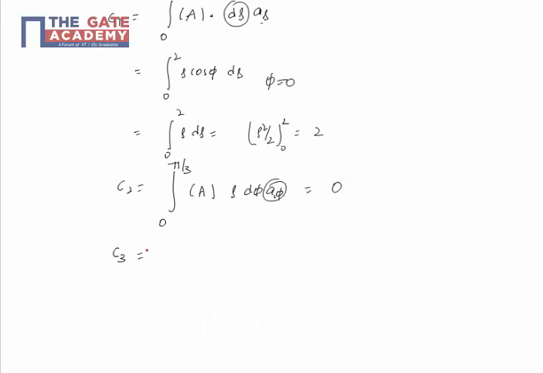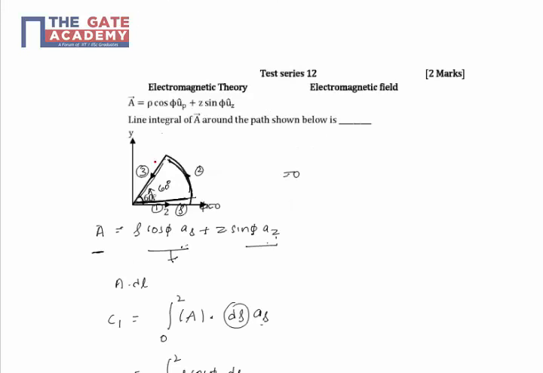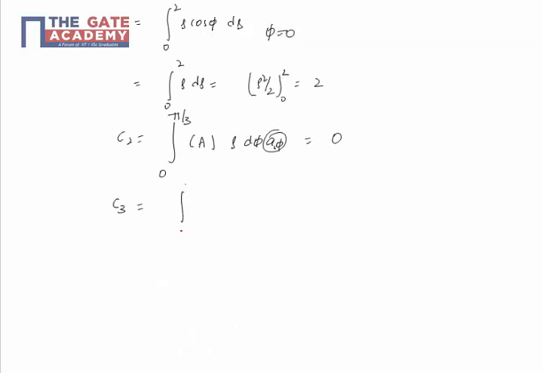C3 is equal to, if we consider the third part, the value of phi is pi by 3, and the radius is going to come from 2 to 0. So we take the integral from 2 to 0 of A dot d rho, once again.